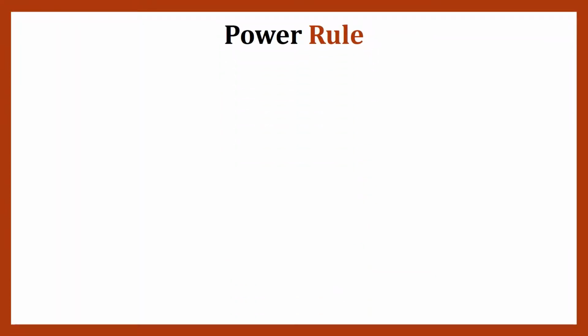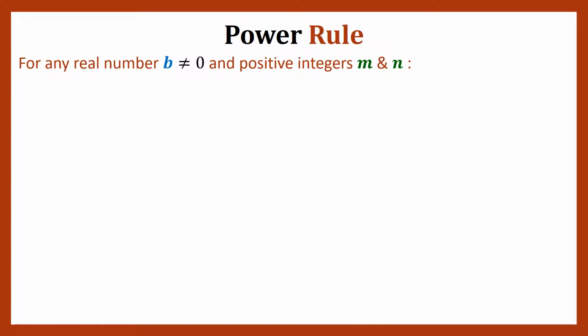Let's review the power rule for exponents. The power rule for exponents says the following. For any non-zero real number b and positive integers represented by the letters m and n, we can say the following.